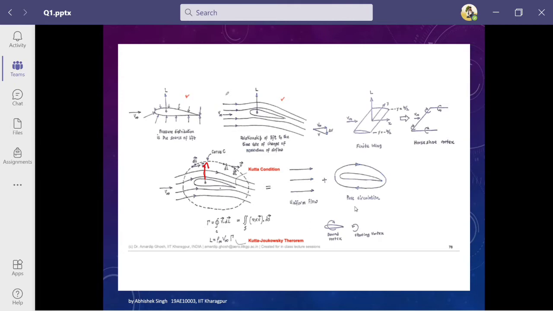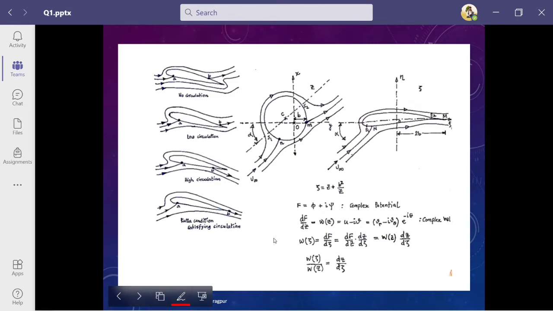And now we will discuss this transformation, which we have seen many times in our class. That is zeta equals z plus b squared by z, where b is a constant.